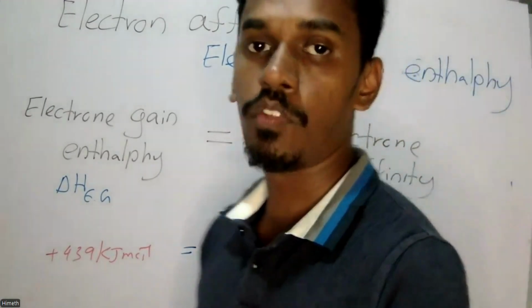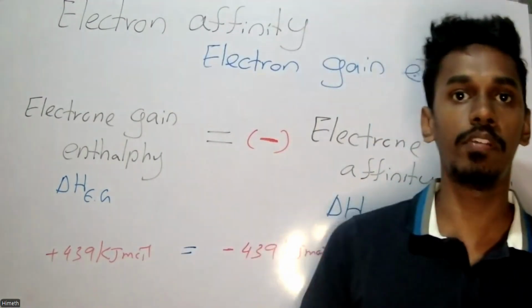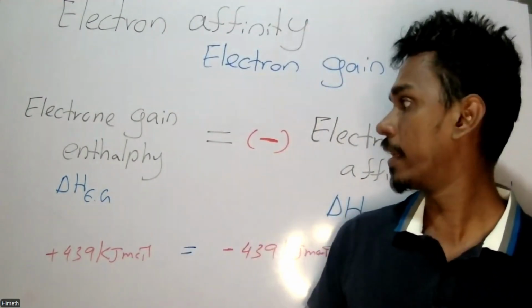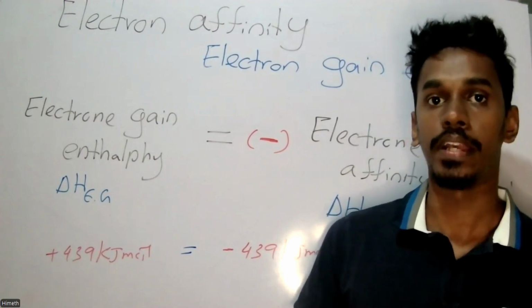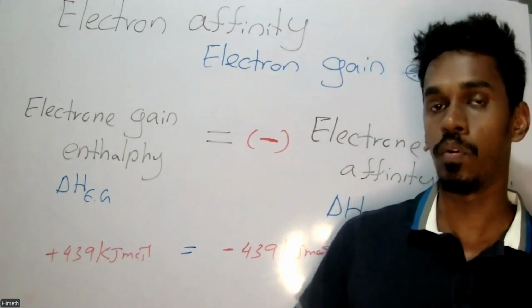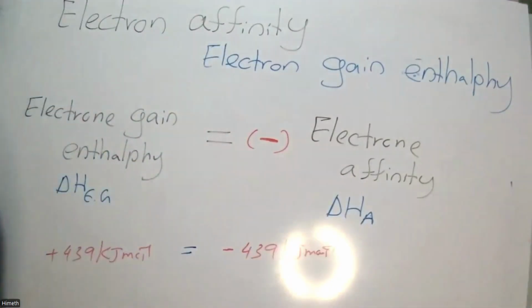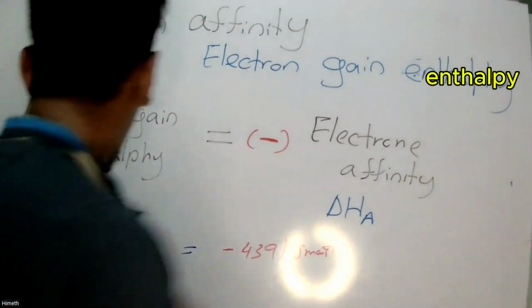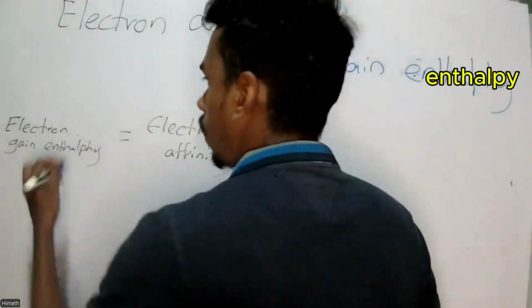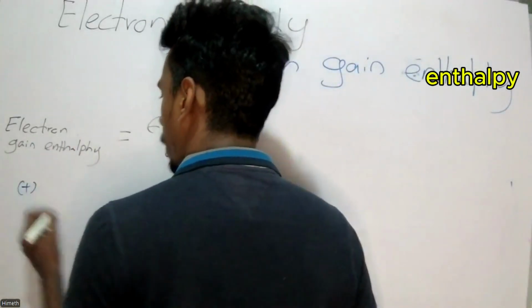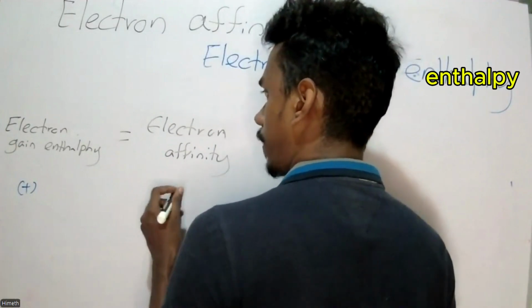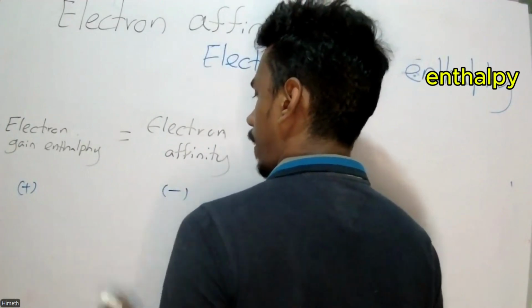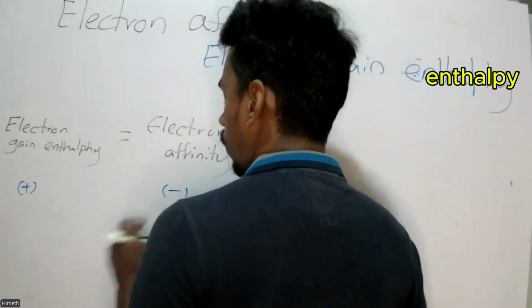So let's focus on how it changes. How that electron affinity is the opposite sign of the electron gain enthalpy. If the electron gain enthalpy has a positive value, then electron affinity of that atom will be a negative value.